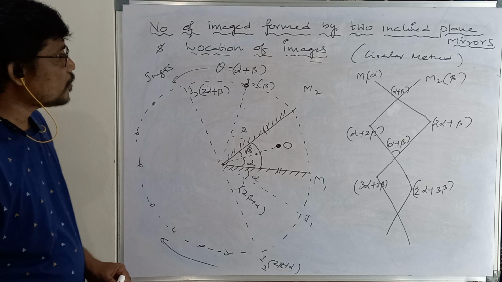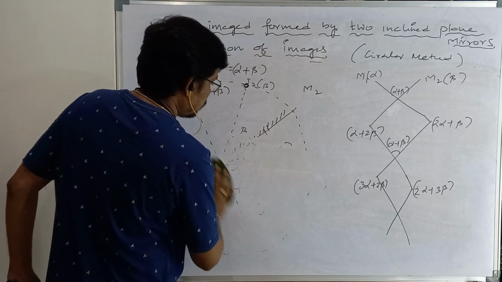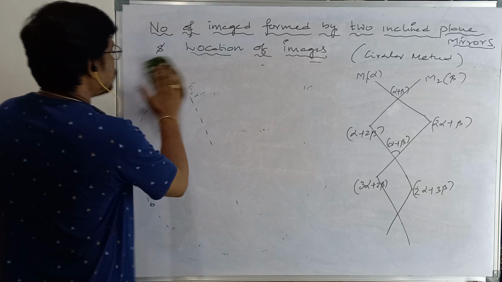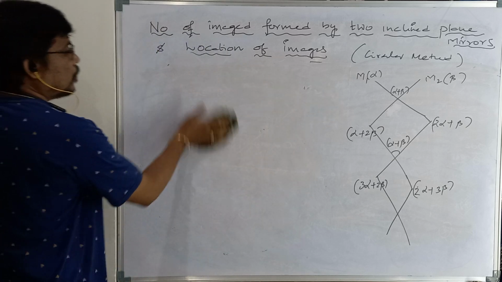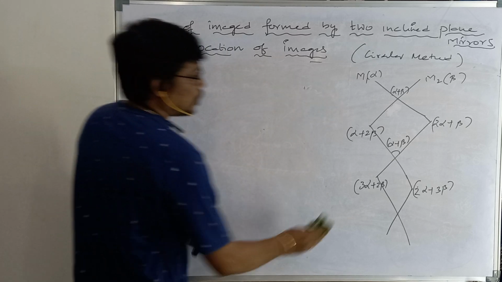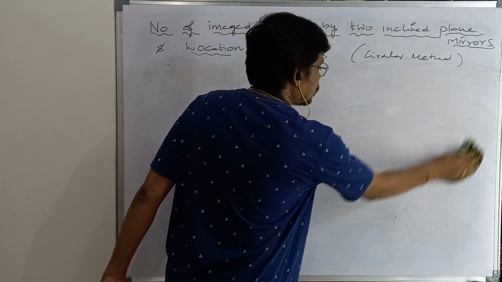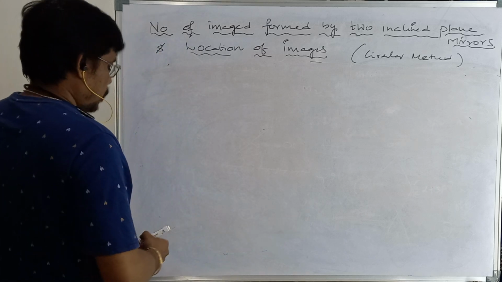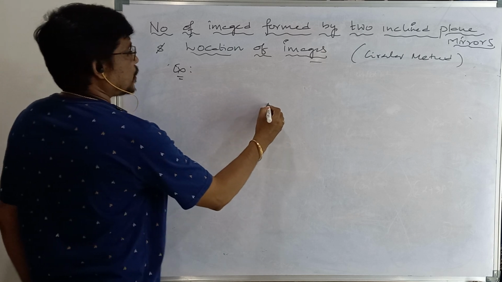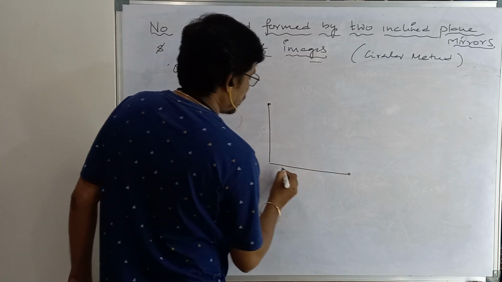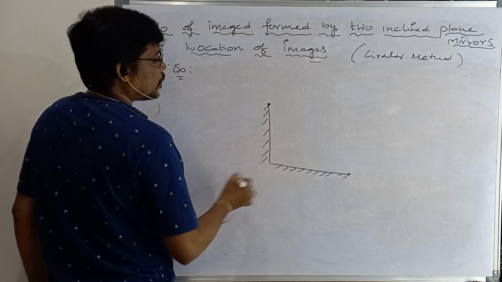Okay. So you understand all these things. Let us take some examples. Suppose we take plane mirrors with an angle of 90.